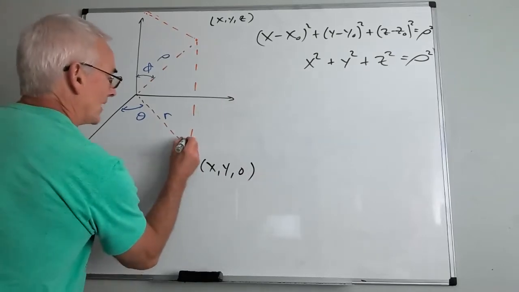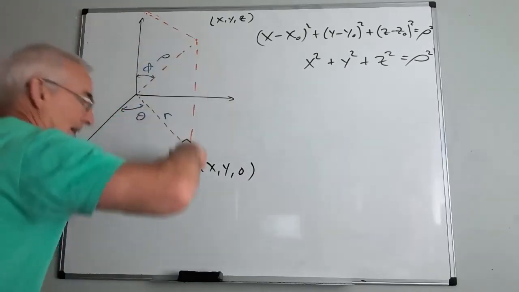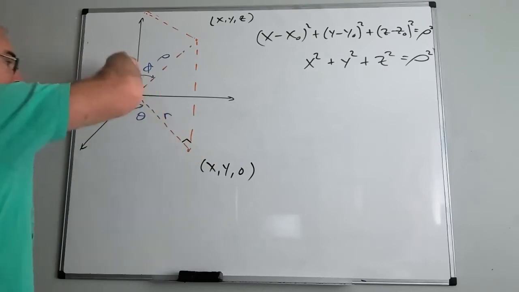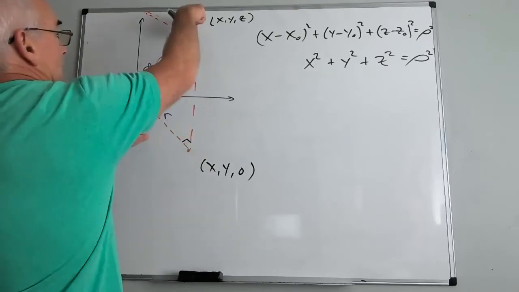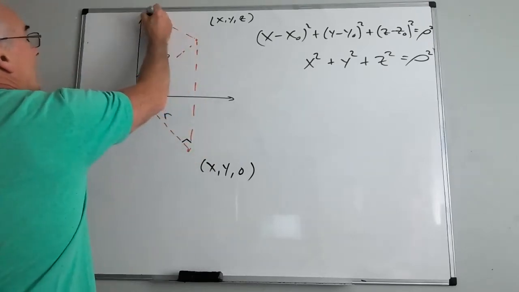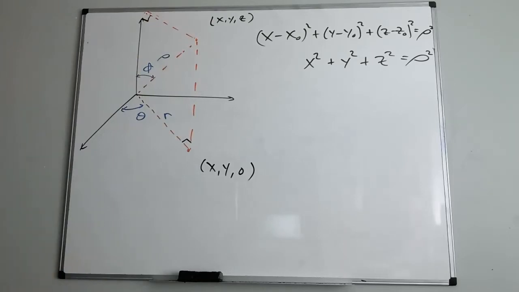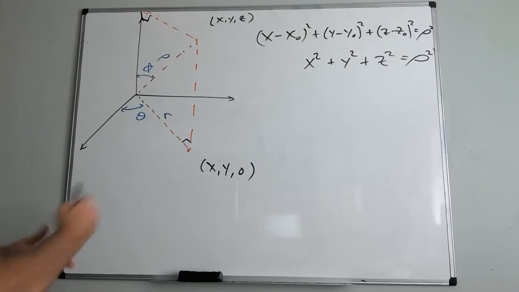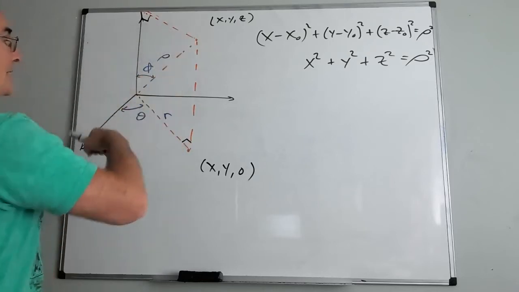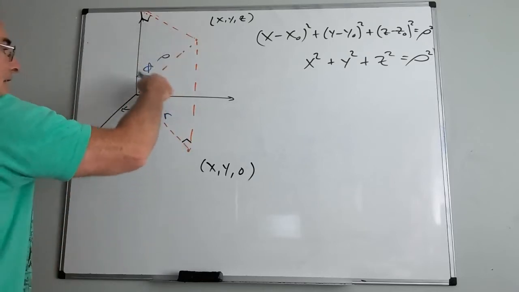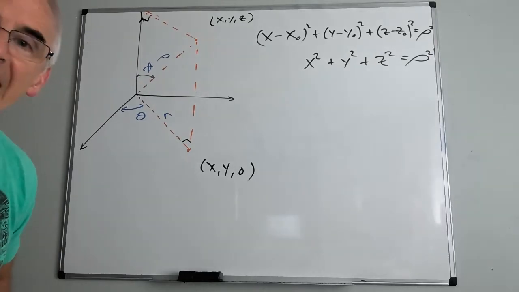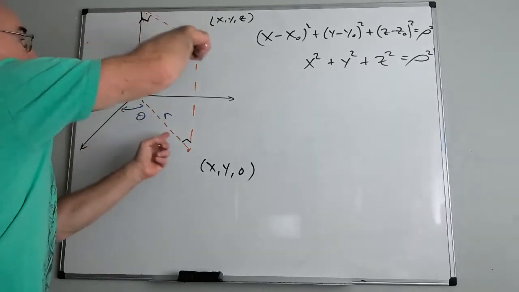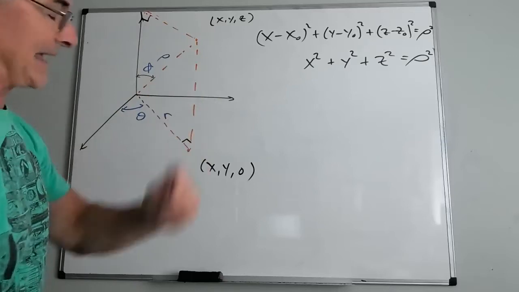There's a right angle right here, because that's straight down to the XY plane, and then that's on the XY plane. These are parallel. So then there's a right angle right here as well. So I have a right angle here, there, there, and here. So basically I have a rectangle. This is a rectangle that's coming out at you.